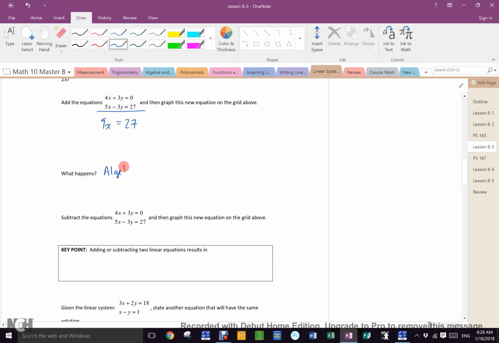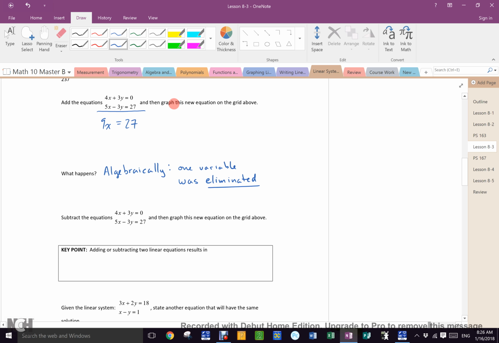What happened algebraically when we added those two equations? Excellent. One variable was eliminated. And I'm using the word eliminated because we are doing elimination right now.